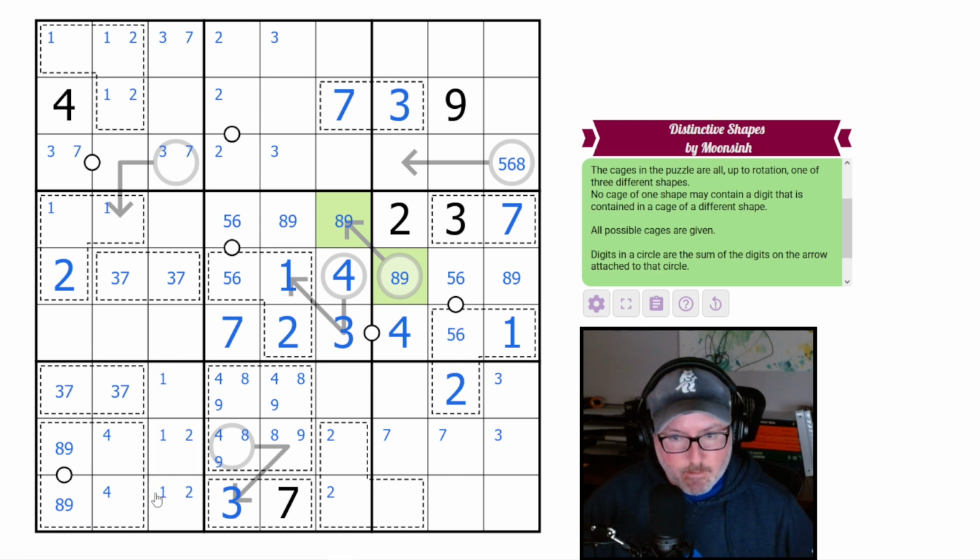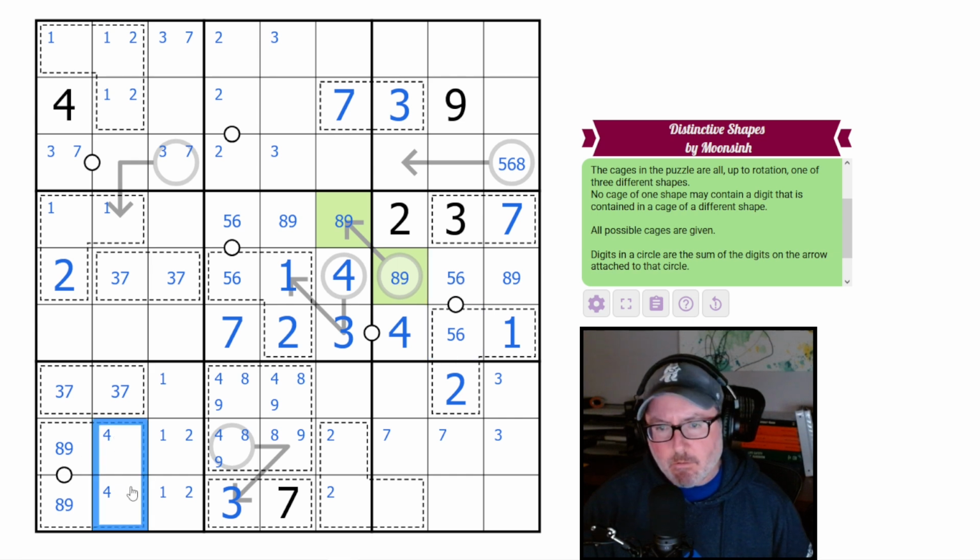Now, what do we have left over? Again, this guy could have 4, 5, or 6 on it. I think the one that isn't in here must be in here? Yeah, of course it has to be, because the 5 or the 6 is in one of these.